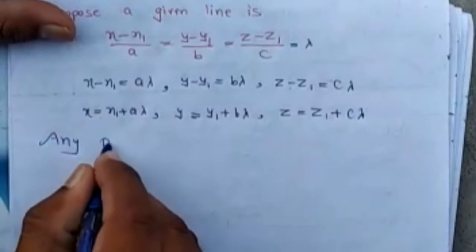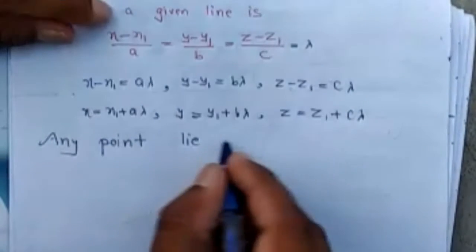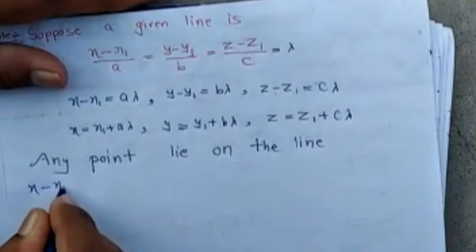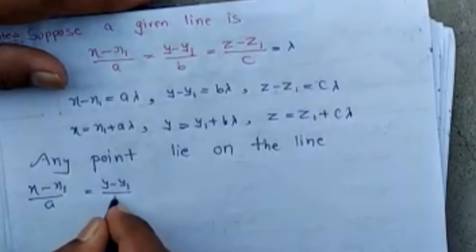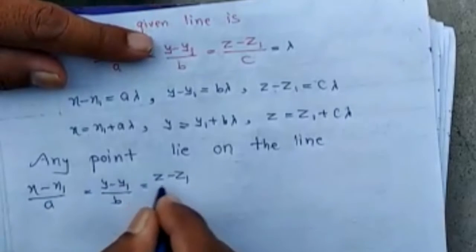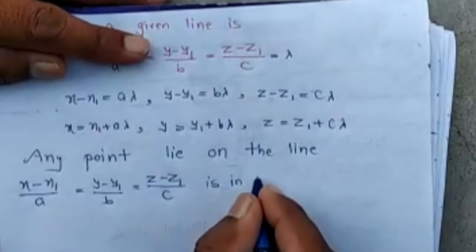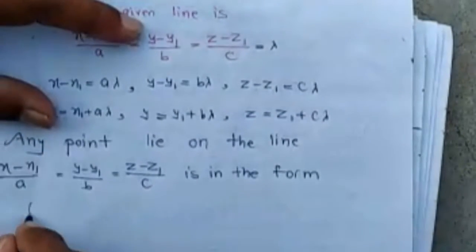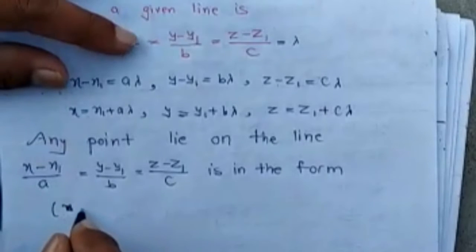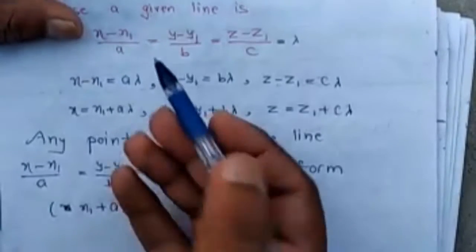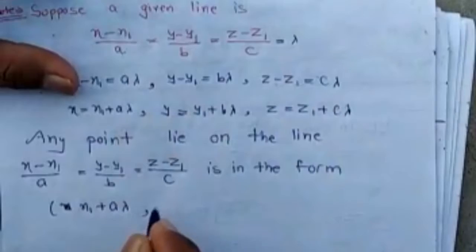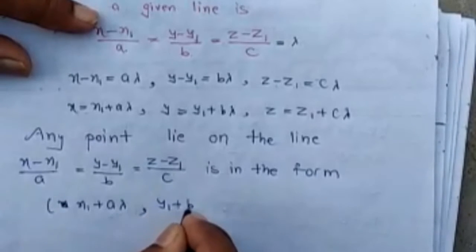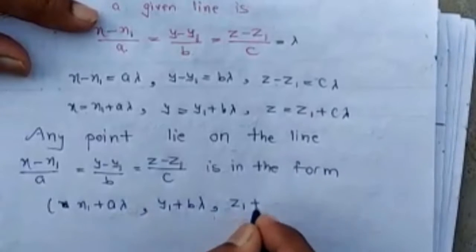Means any point lying on the line x minus x1 upon a equal y minus y1 upon b equal z minus z1 upon c is in the form x1 plus a lambda, comma, y1 plus b lambda, comma, z1 plus c lambda.